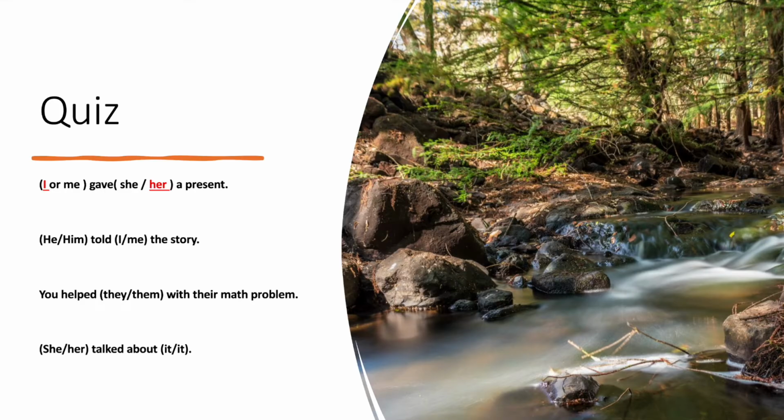Obviously, I need the object pronoun, so the answer is her, because it comes right after the verb. So I gave her a present. I or me gave she or her a present. I gave her a present.